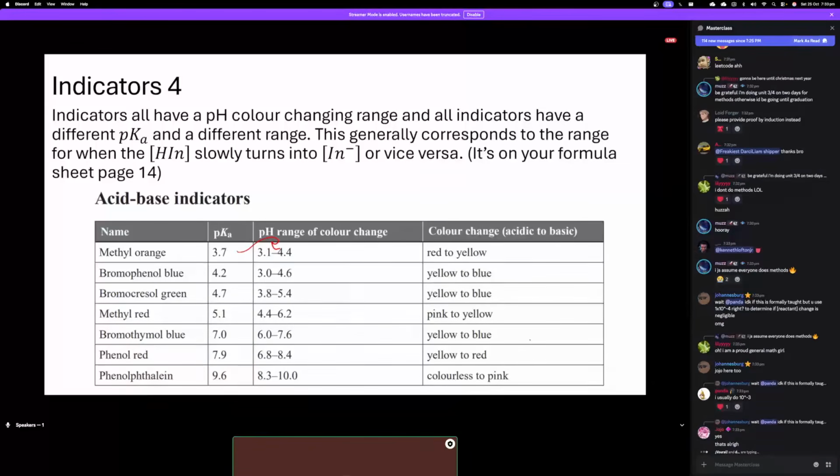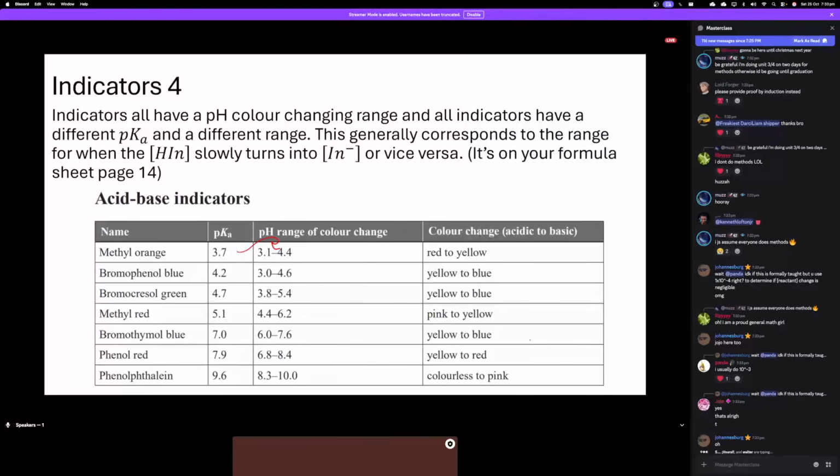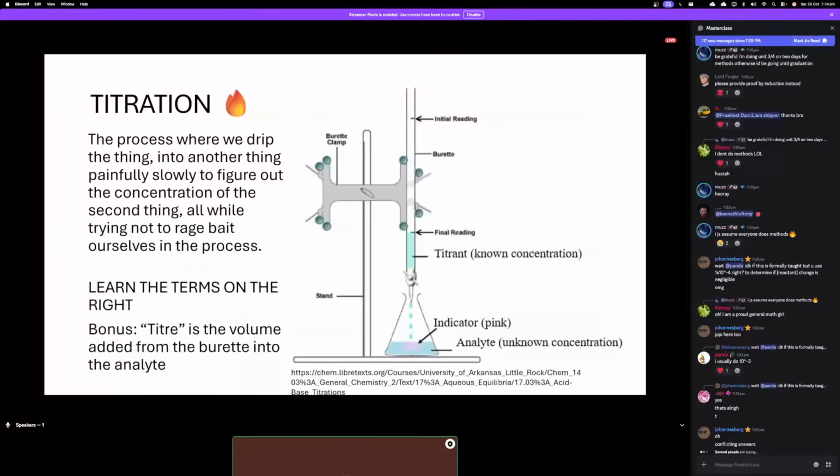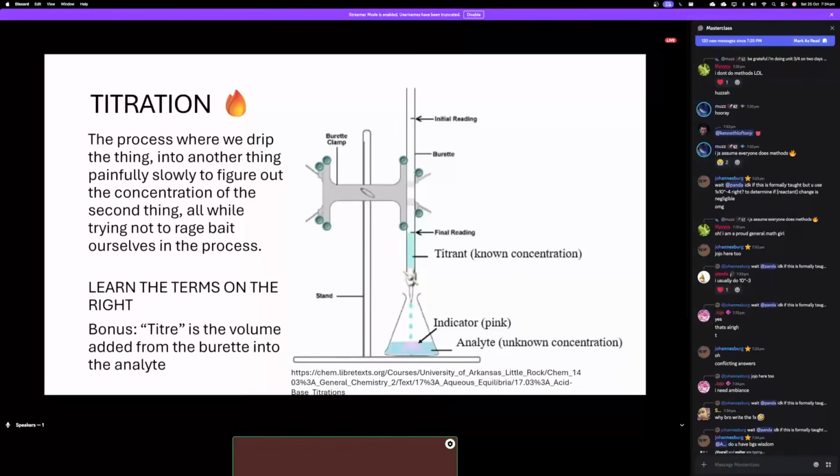Yeah. Um. Hopefully that is it. Cool. Titration. Um. Johannesburg, you're about to get another conflicting answer from me. um. Yeah. Anyway, titration.